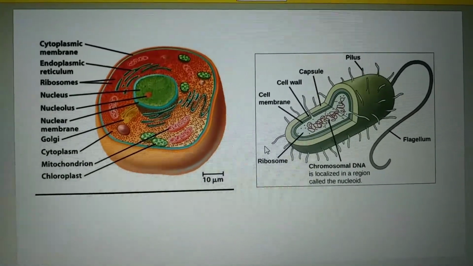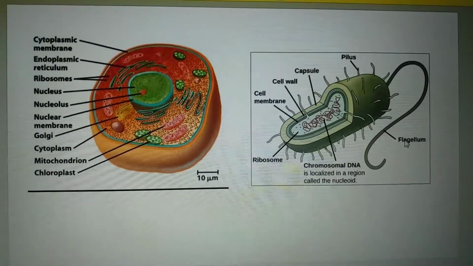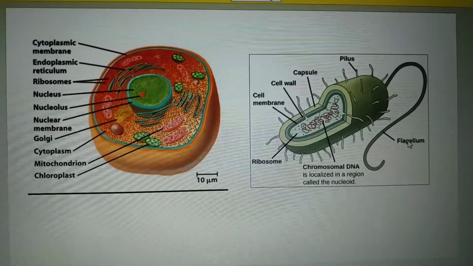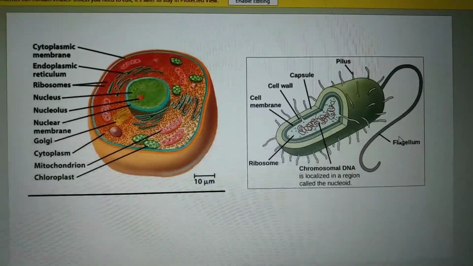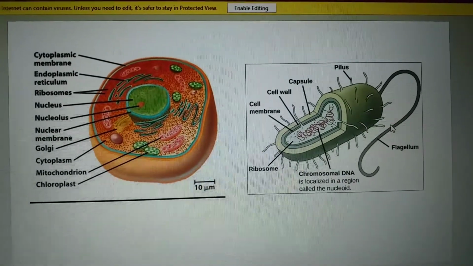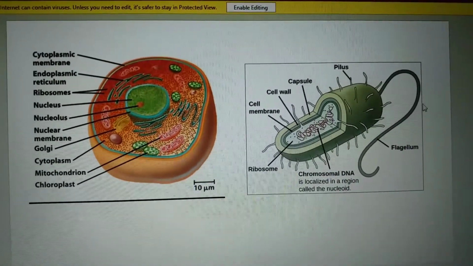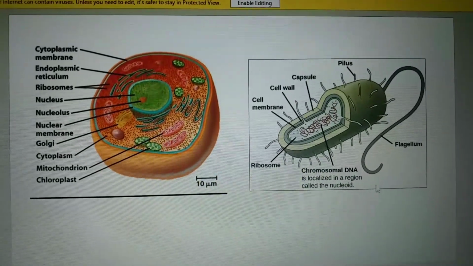While here in the prokaryotics, there's a flagellum. It is submicroscopic in size because, as you notice, it is composed of only one fiber, so it can be seen immediately even without using a microscope.